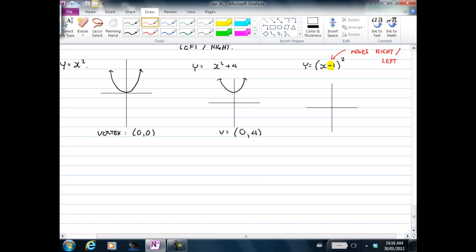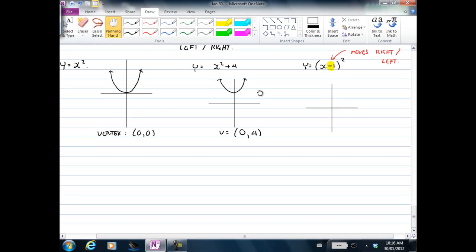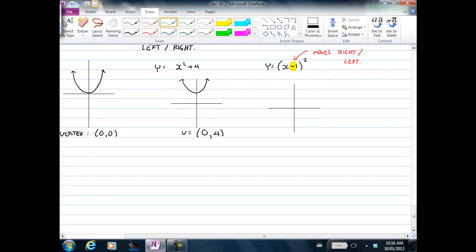And notice one thing, it's inside a bracket. This is where students are going to get in trouble the most. I'm going to write a little star. Star. You have to do the opposite. You have to do the opposite.